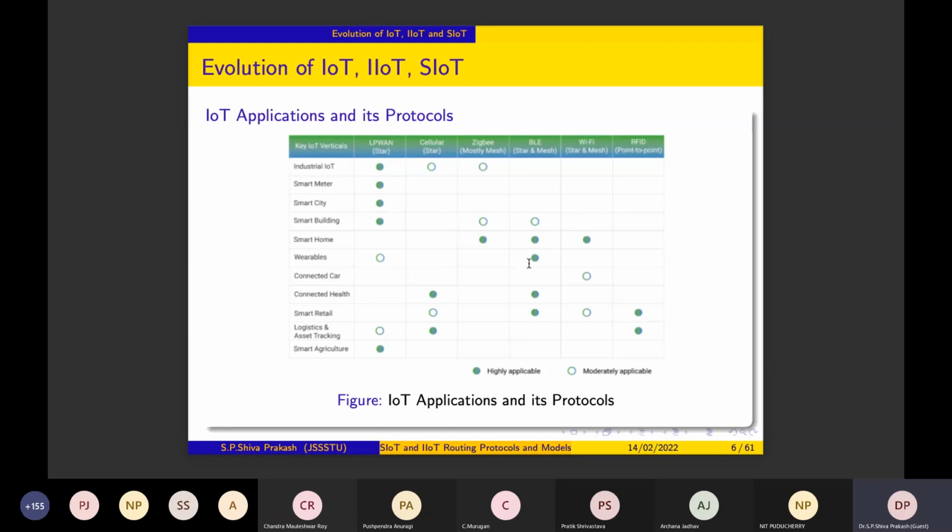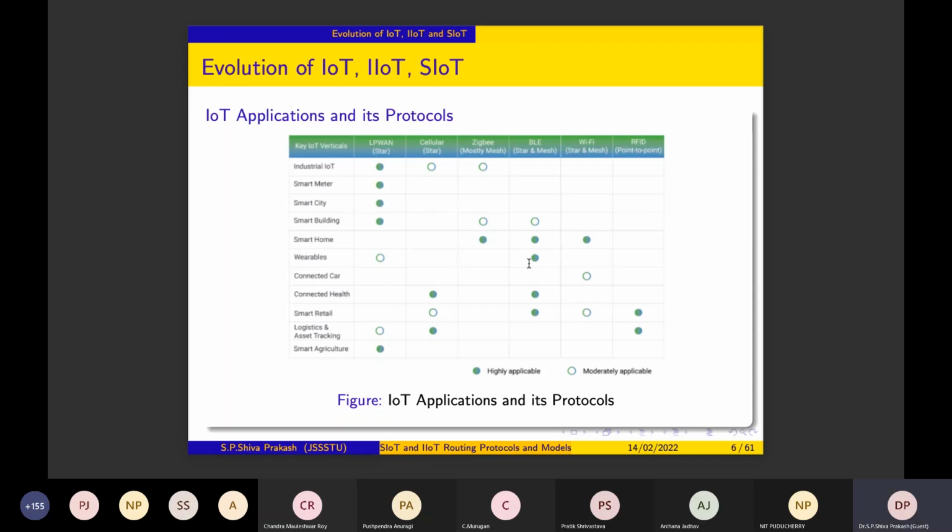Most of the industrial based applications use LPWAN, which basically uses star topology. And we have a smart meter application that also uses this, smart city application, or a smart building. Sometimes even the cellular as well as Zigbee will also be used in an industrial IoT.